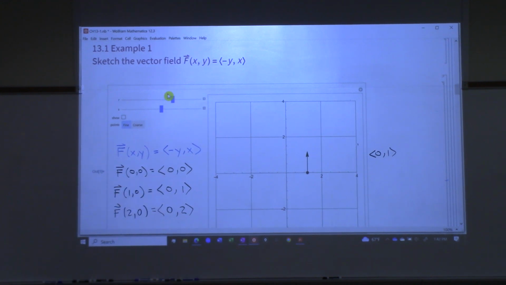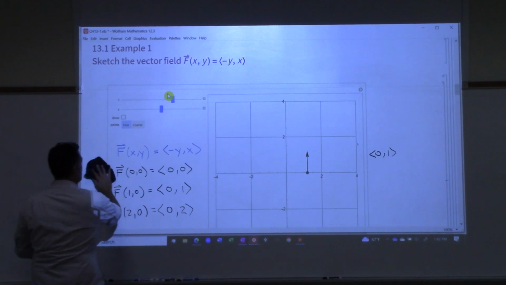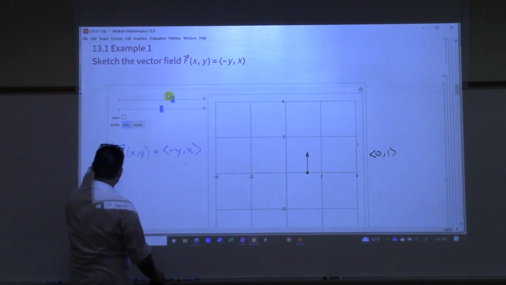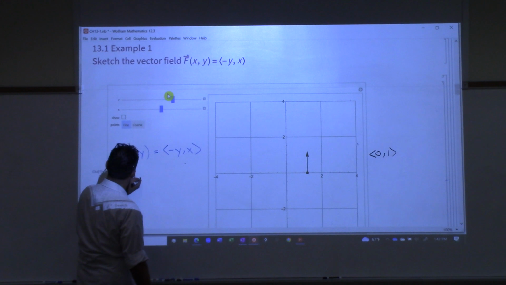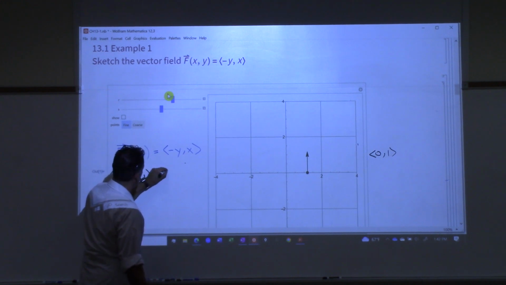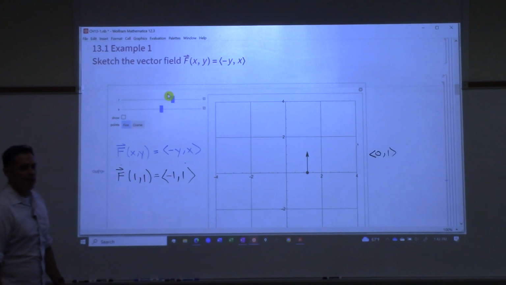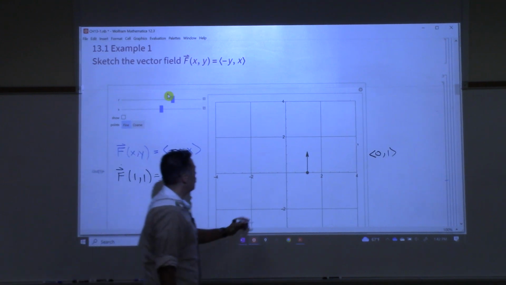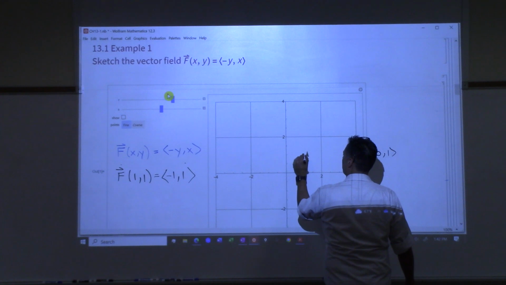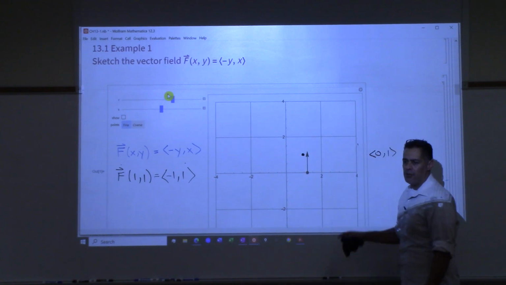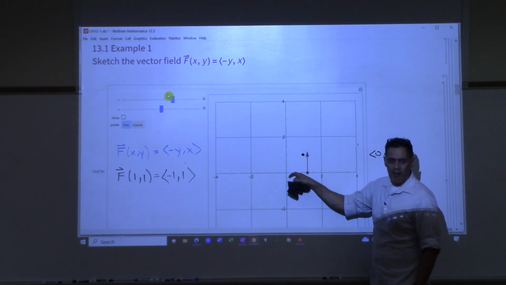Now, what happens when I change and I go, I don't know, let's do something like 1, 1. So if I do 1, 1, right, the vector that comes out is the vector negative 1, 1, right? So if I go to 1, 1, which should be right here, the vector I'm going to get out should go left 1, up 1.